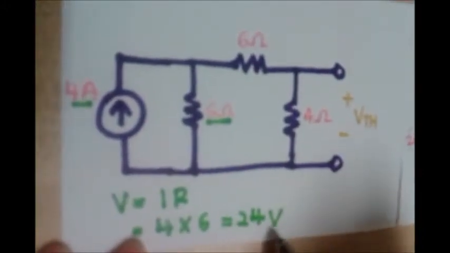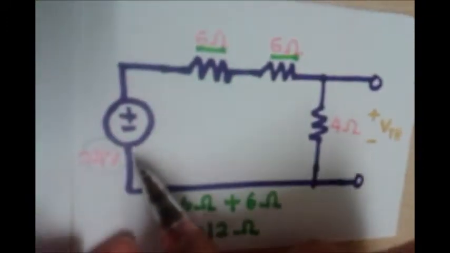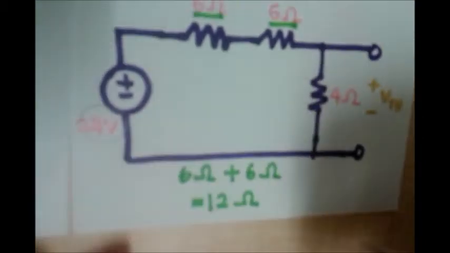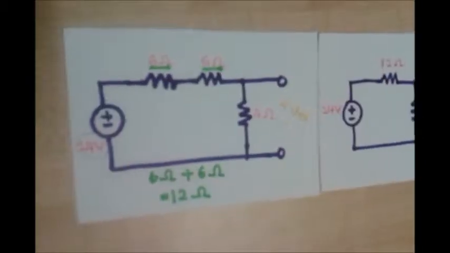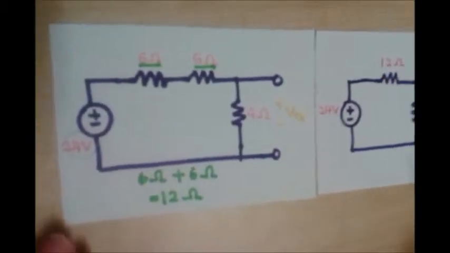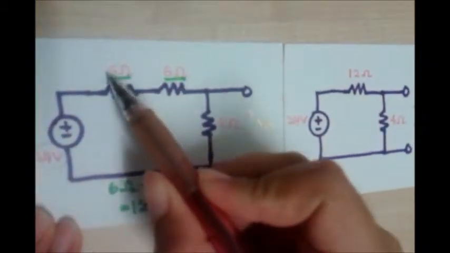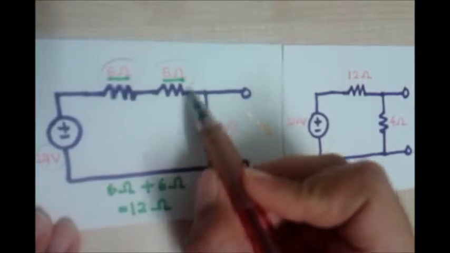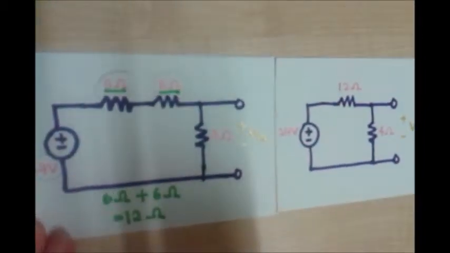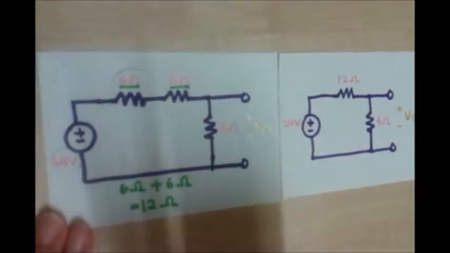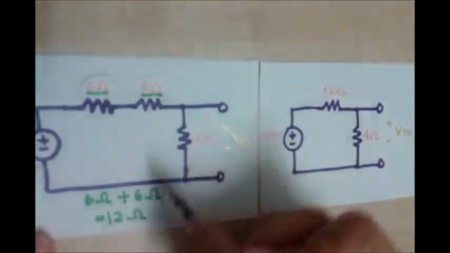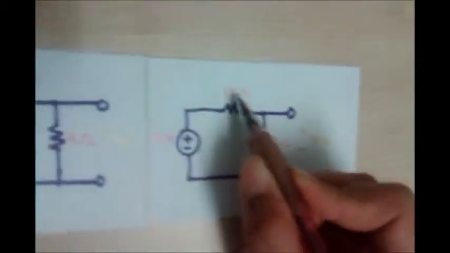We will get 24 volts. So we put the 24 volts like this in the circuit, and the circuit will become like this. After that, we must sum up the 6 ohms and 6 ohms because they are in series. So we sum up and we will get 12 ohm.